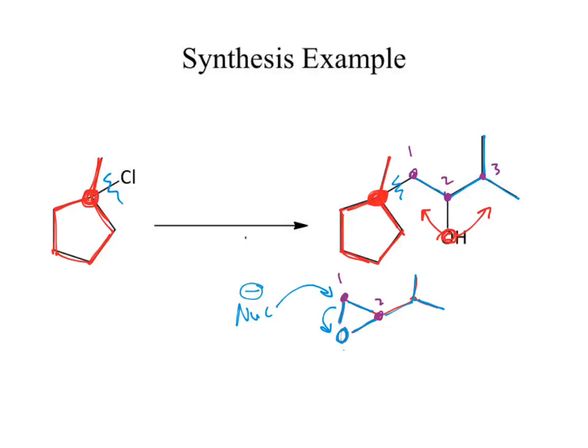In particular, if we zoom in even closer, it needs to be that carbon, right? How can we get that carbon to be nucleophilic? What charge does a nucleophile need to be? Negative. Is carbon a good nucleophile? No. How can we get carbon to be a good nucleophile?